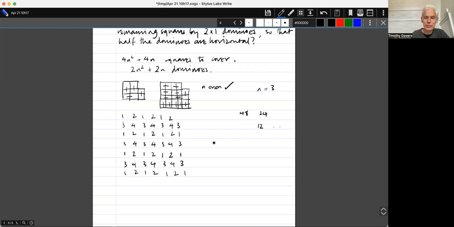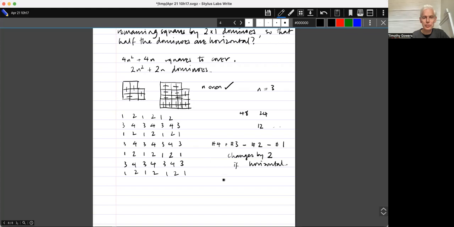So let's look at the number of 4s plus the number of 3s, minus, I could even maybe go for plus. No, I don't want to do that. Now minus the number of 2s minus the number of 1s changes by 2 if horizontal.